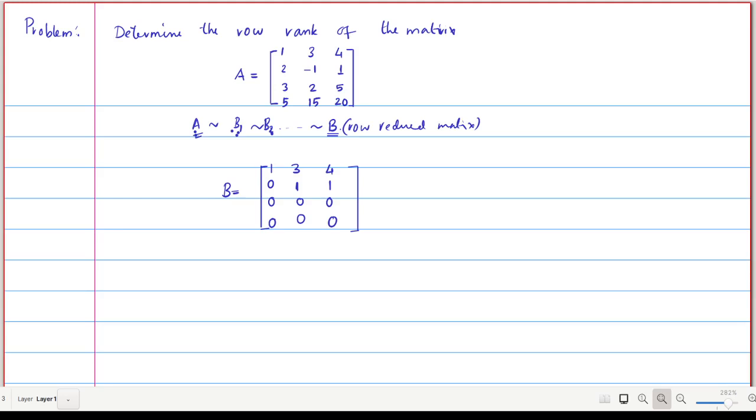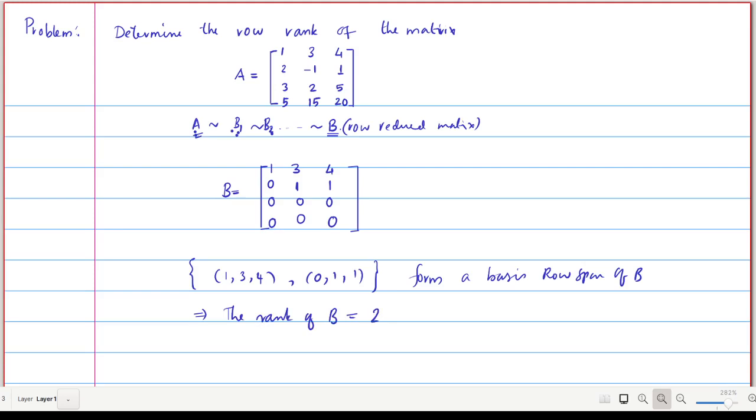From this you can easily say that the rows (1, 3, 4) and (0, 1, 1) are the non-zero rows of B, and B is the row reduced matrix, and we have shown in theorem 1 that these form a basis for the row space of B. Then that implies the rank of B is 2, because it has only two non-zero rows.